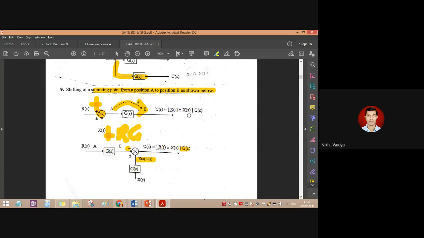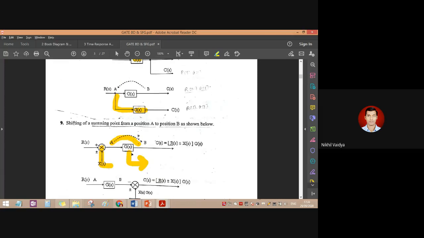So how to remember this particular rule? When we shift a summing point after the block, in the summing point path you have to add the same block. We have to add the same block. Sir, this is a little same for the takeoff point.